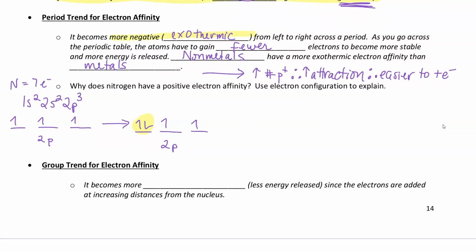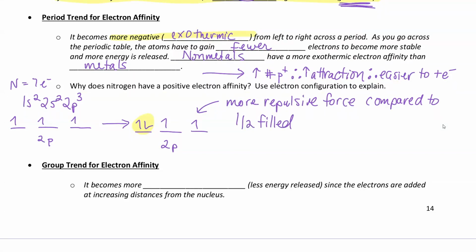Remember, they don't want anything. What do you know about electrons and other electrons? They repel. So what we've got going on here is more repulsive force compared to the half-filled 2p sublevel.